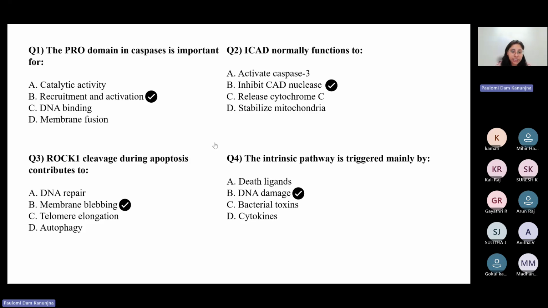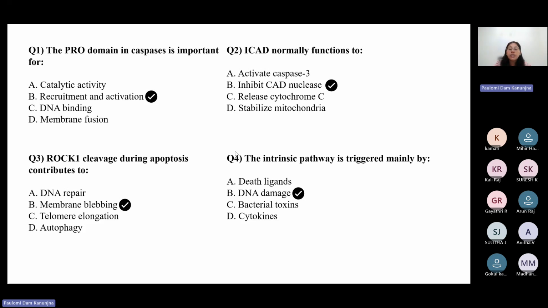You don't have to go into much detail. What you just need to remember is that when this protein is cleaved because of caspase activation, it leads to damage in the cytoskeletal structure and to contraction of your membrane, forming the blebbing. The blebbing that we have been discussing so far is because of this particular protein, right?